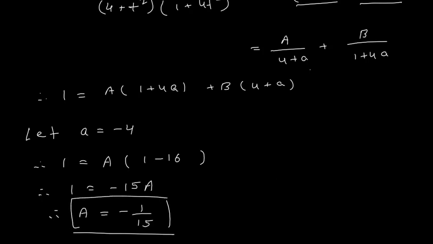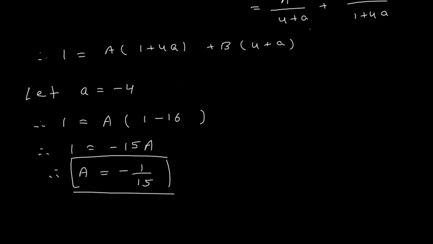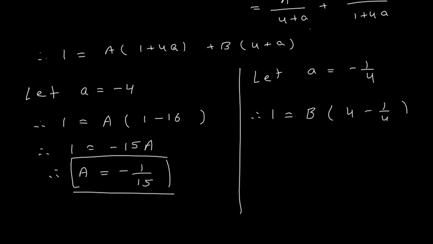In the same way, to get the value of b we will substitute a equal to minus 1 upon 4. So 1 equal to, this first part will become 0, so I have b into (4 minus 1 upon 4). 4 fours are 16, 16 minus 1 is 15, so this is 15 upon 4 times b, and here I have the value 1.